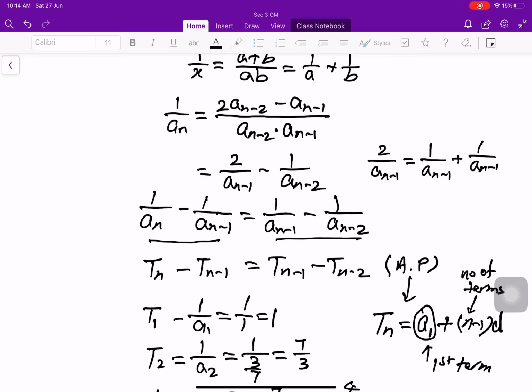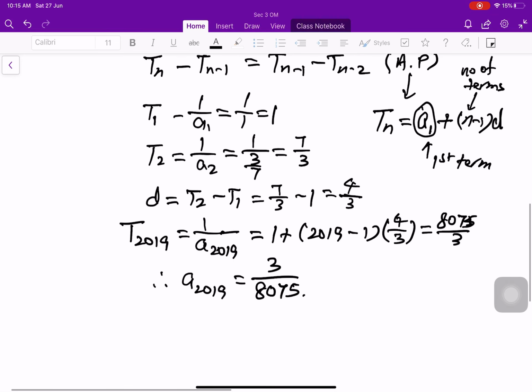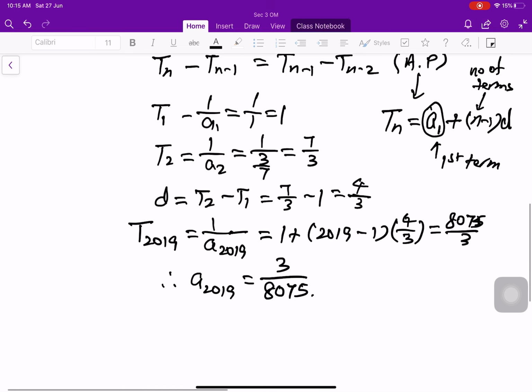Take note, class. This is not the answer yet, because they want us to find the answer as a fraction P over Q, in lowest terms. Therefore, what is P plus Q?